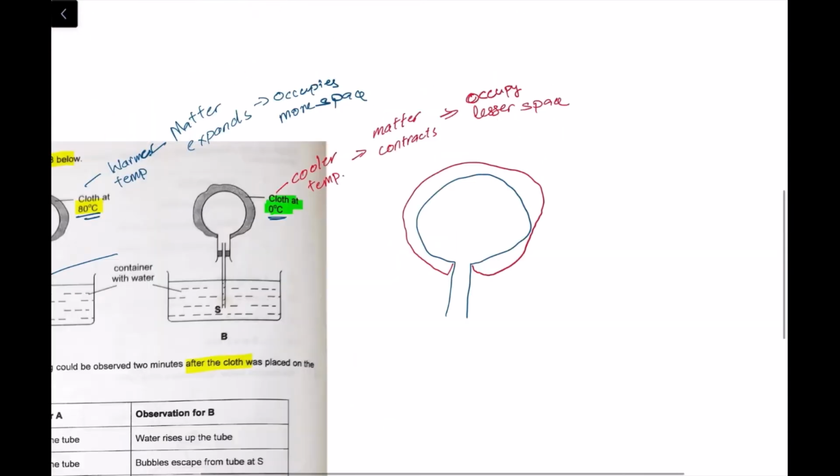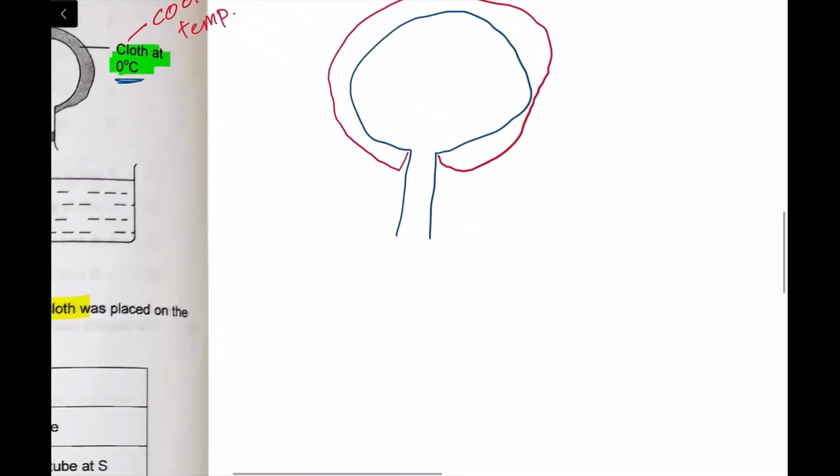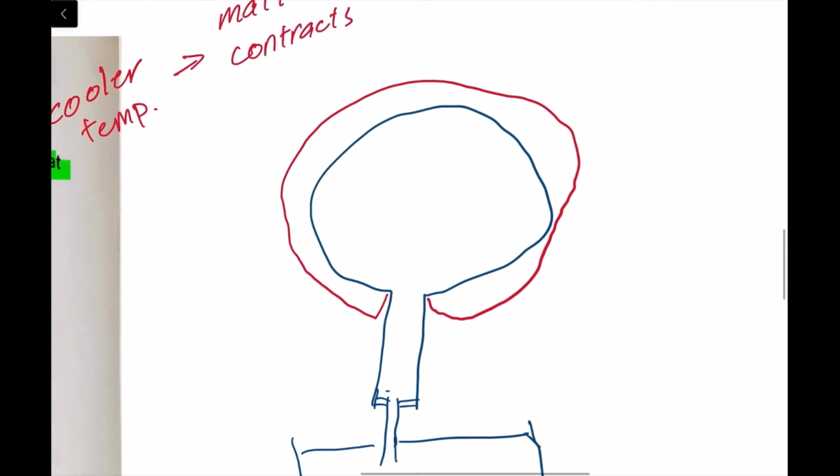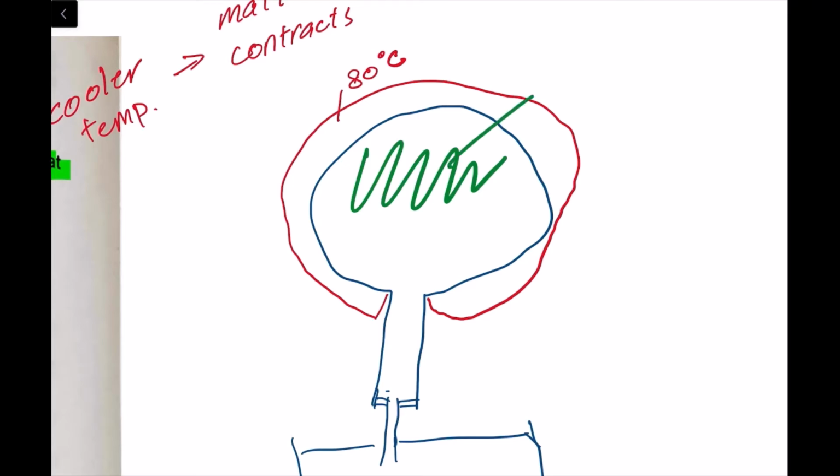And connected over here is a capillary tube into this water bath. This cloth is at a temperature of 80 degrees Celsius, and the gas inside is at room temperature.